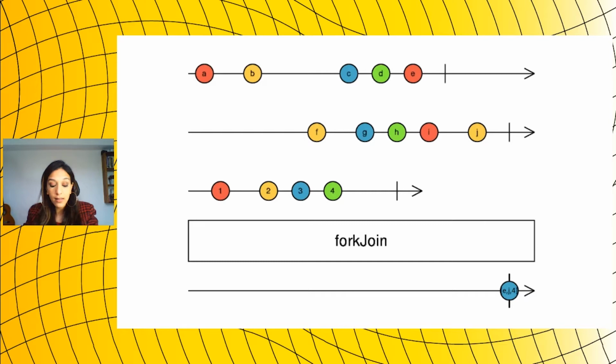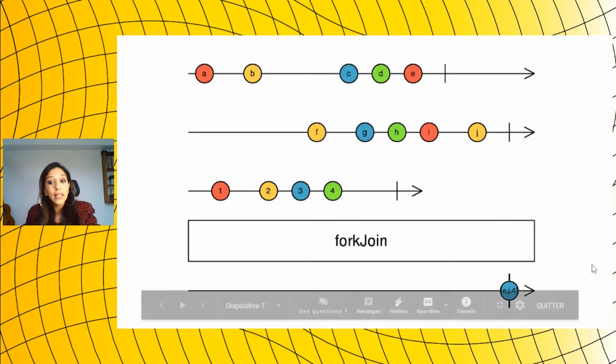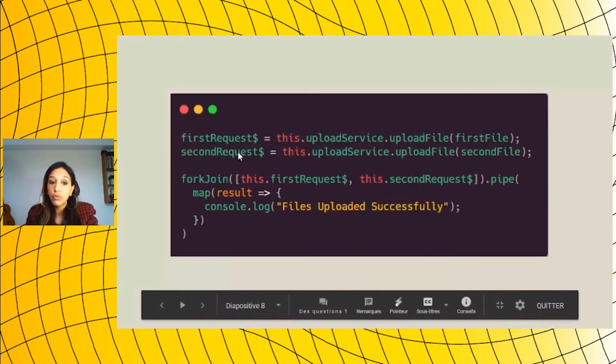I think this is very useful in the case of bulk operations, because actually that's what you need. You need only the result one time. You don't care what is going on throughout the process, but you need a final result of this treatment or process. And in my case here, I have two requests.